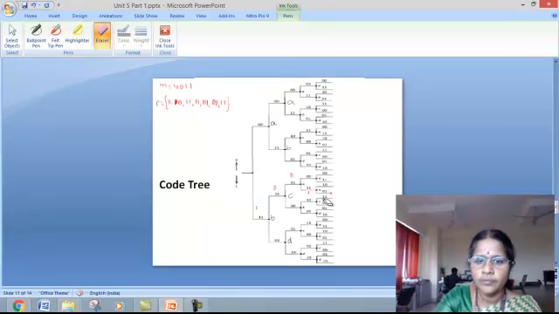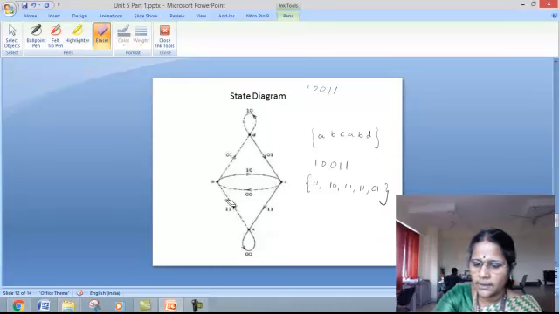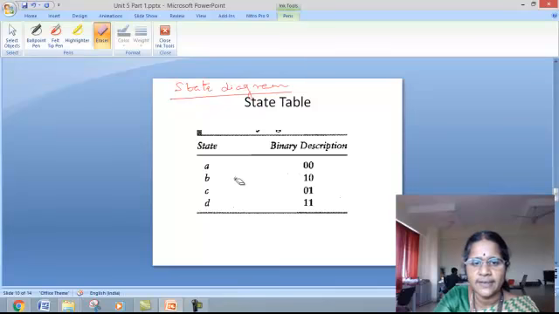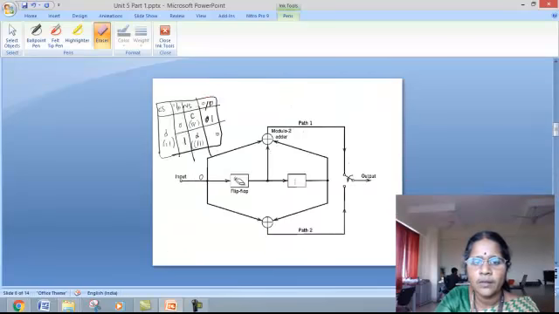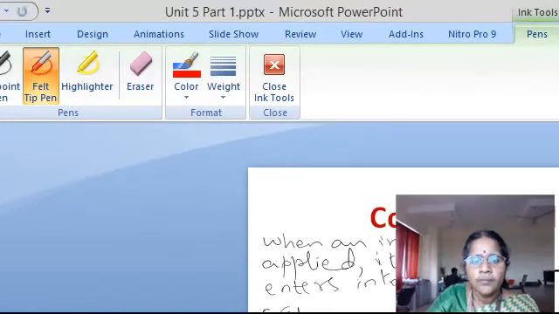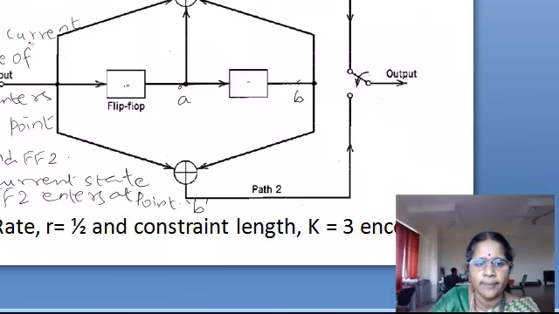Now we have to form the state diagram in this manner. Let us now construct the state diagram using these state assignments. Now, when an input is applied, that input is reflected in flip-flop 1. That's the rule.